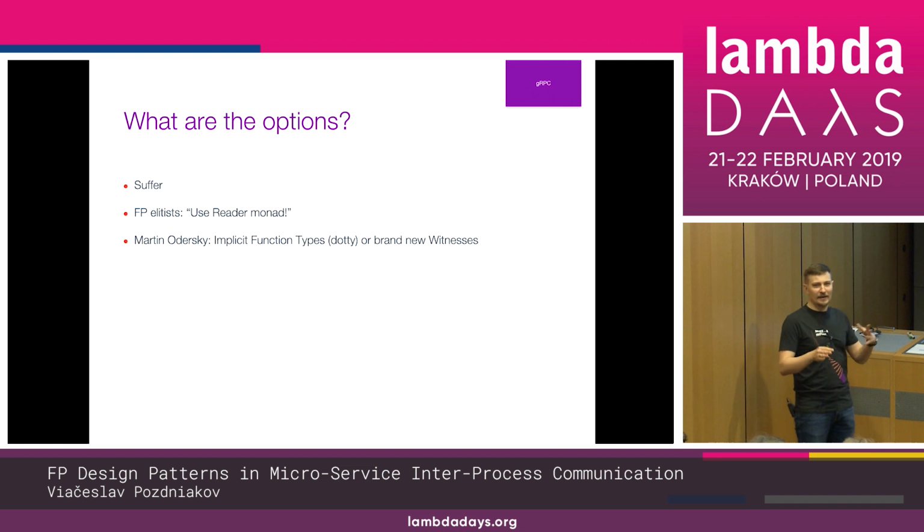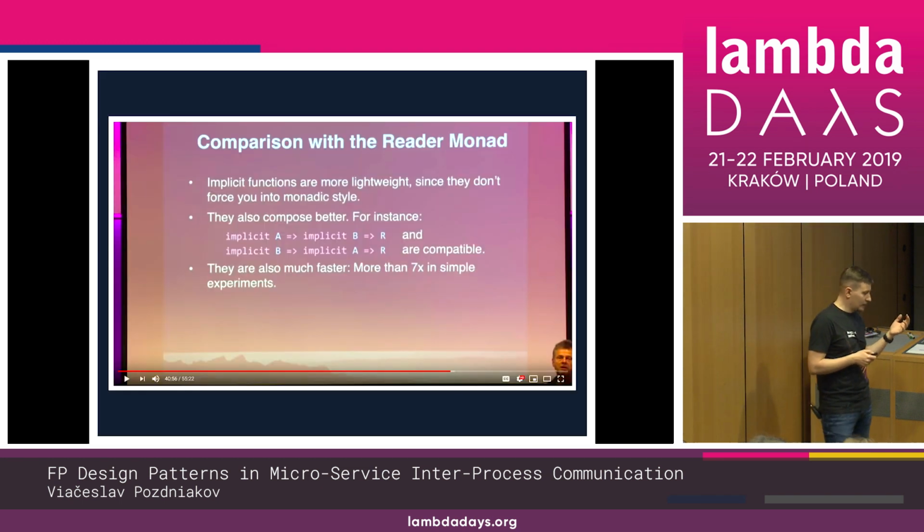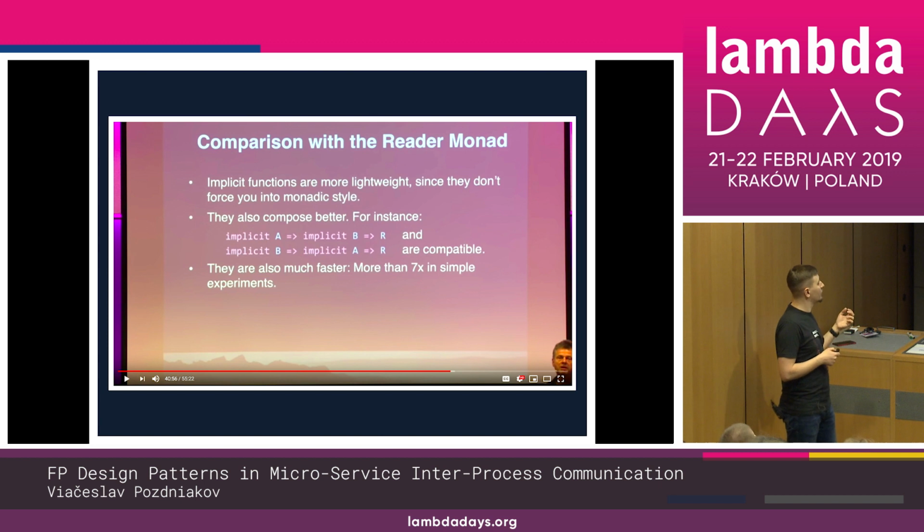In Dotty, we might have the thing which was called implicit function types, but I guess we won't have it because we'll have witnesses. Actually, I don't really know what's happening there, because everything is changing so fast. But the idea is that these implicit function types are some kind of built-in reader monad in Scala. So what I want to say is that we cannot wait for Dotty, we have to solve this problem now.